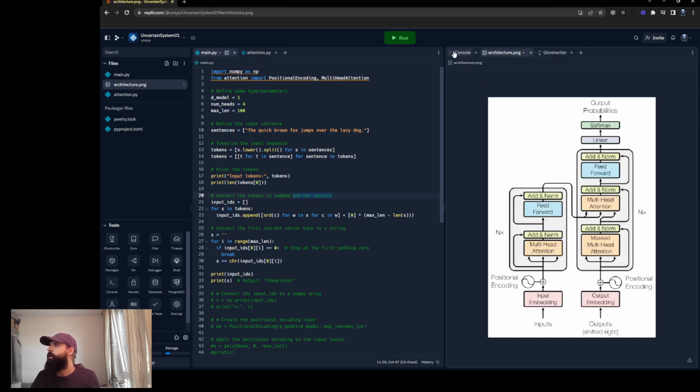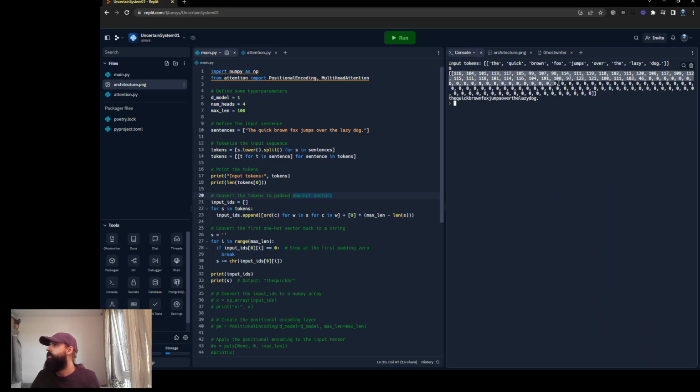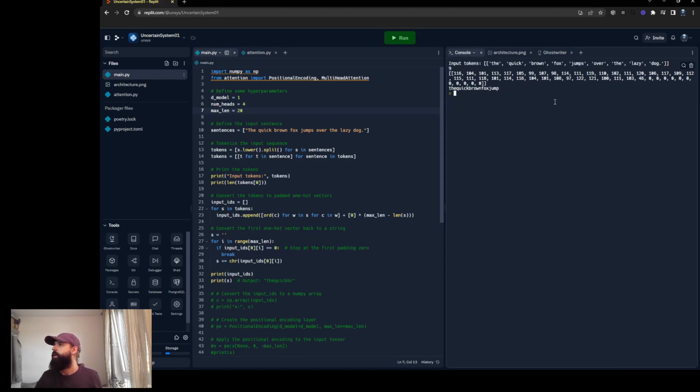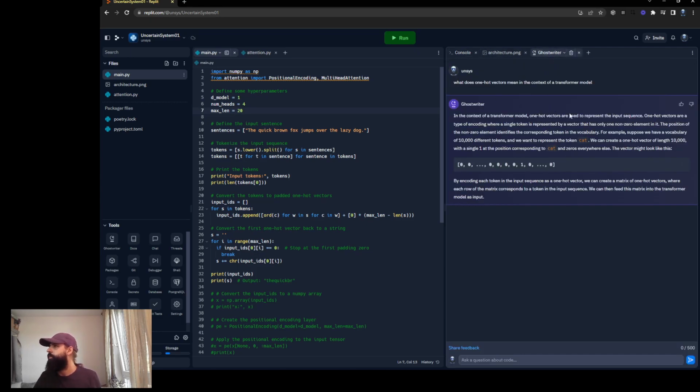So the one-hot vector is this whole thing, which is now padded with zeros because this is the length of the sentence. So we can lower these to 20 and then run it, and we're getting some extra zeros, but not so many. Okay, so one-hot vectors are the type of encoding where a single token is represented by a vector. That's what I'm getting confused about.